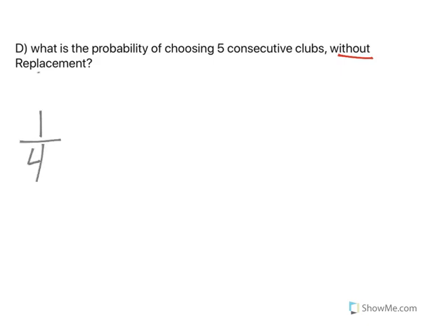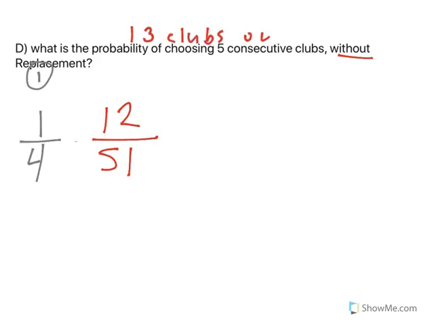All right, so that's your first card because clubs are one of the suits. Now, without replacement. So now you've taken out a card. You've taken out a club. So now you have 12 clubs left out of 51 cards. Because remember, initially there are 13 clubs out of 52 total.